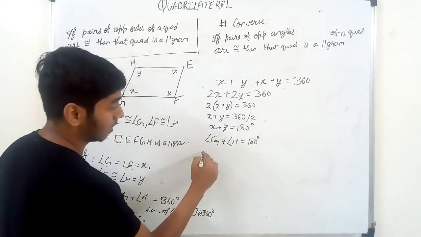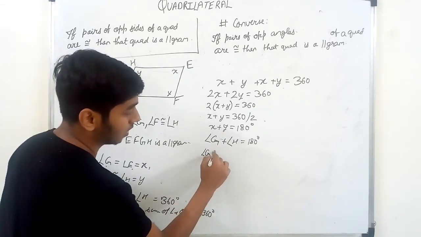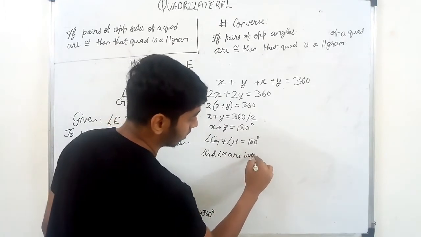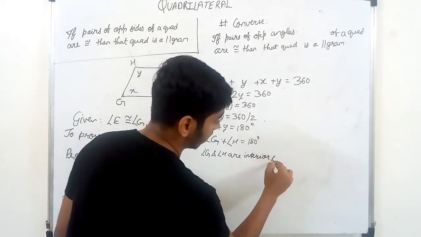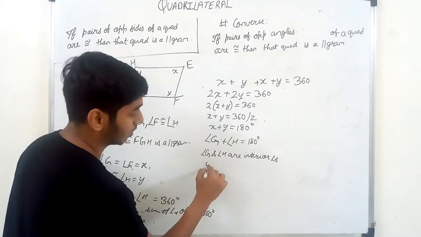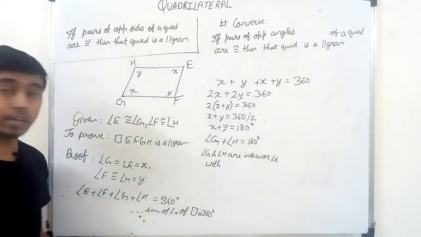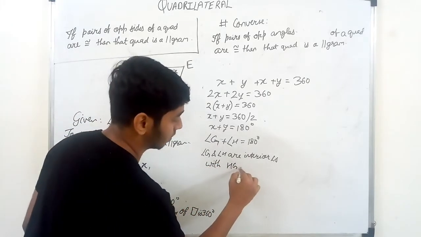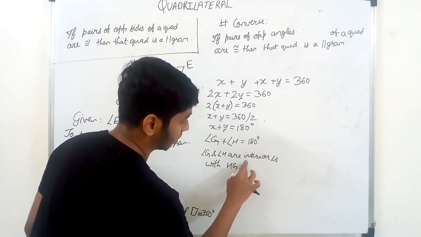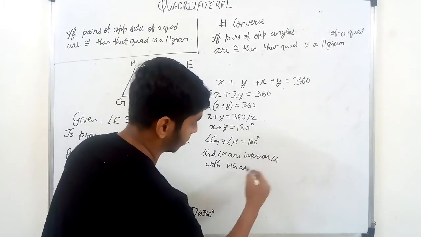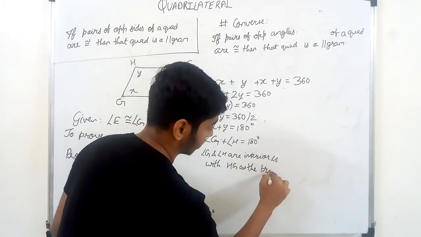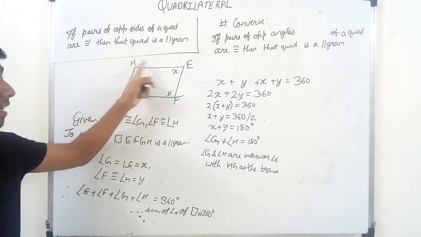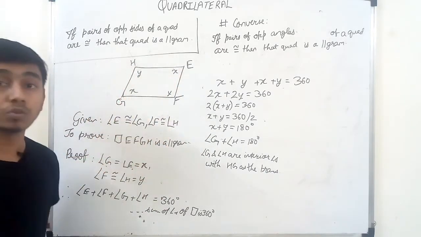So we can say angle G and angle H are interior angles with HG as the transversal. Okay, so therefore we can say that HE is parallel to GF.